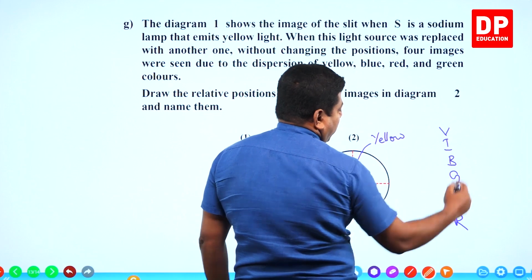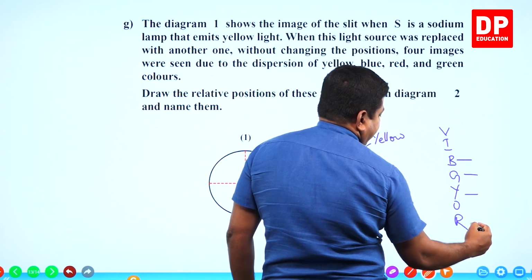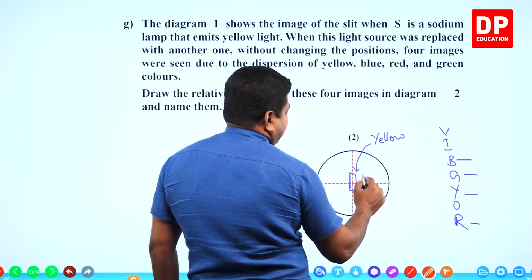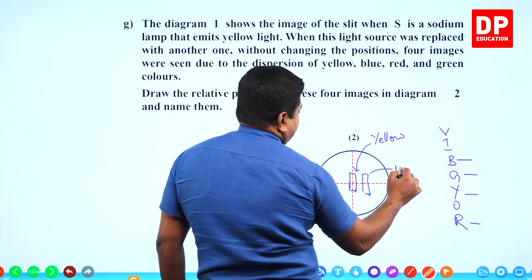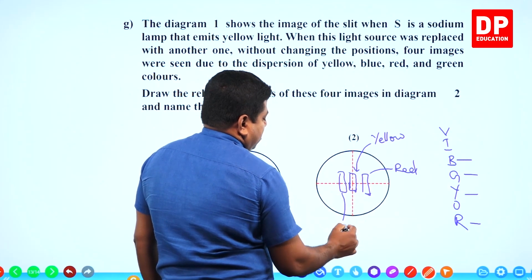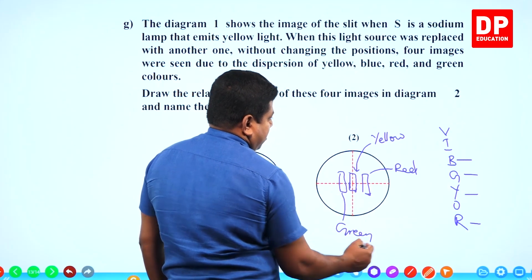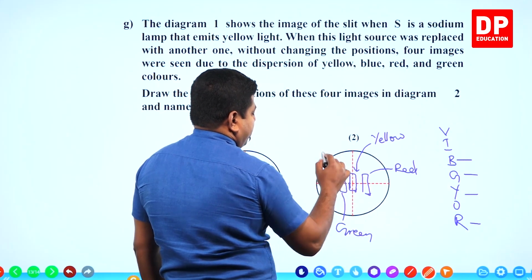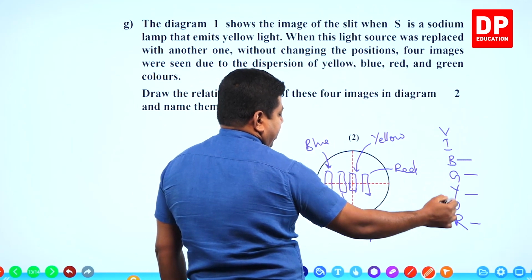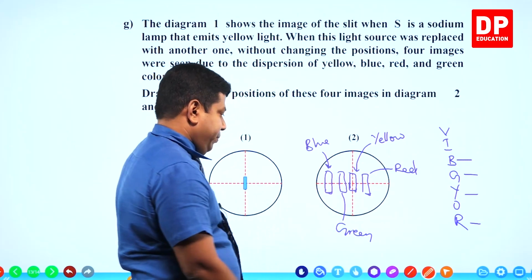We are talking about blue, green, yellow and red. So obviously red has to be on one side. If I say this is red, then green will be here, and blue will be here. Blue, green, yellow, red. In that order it has to come.